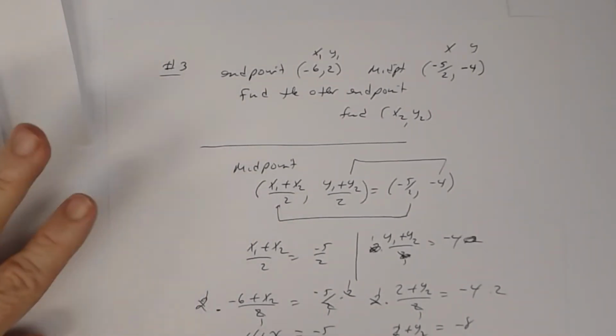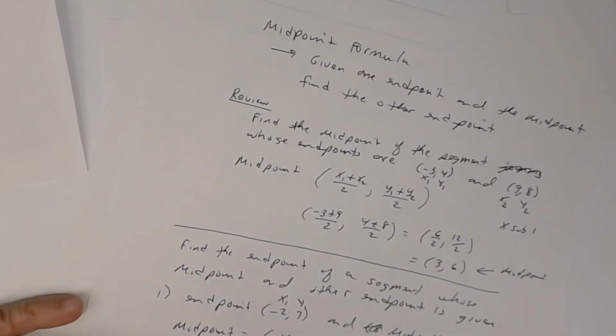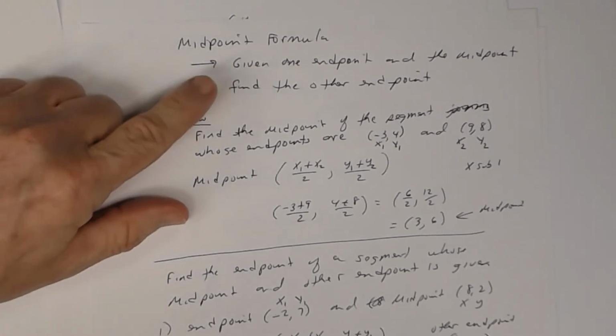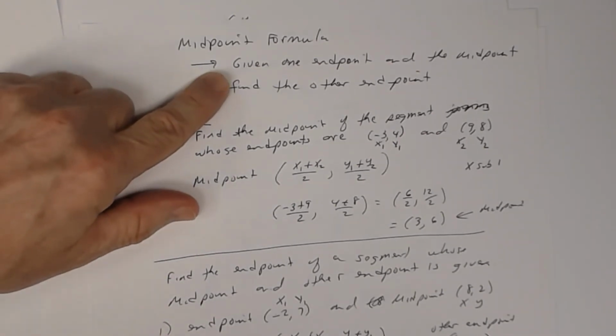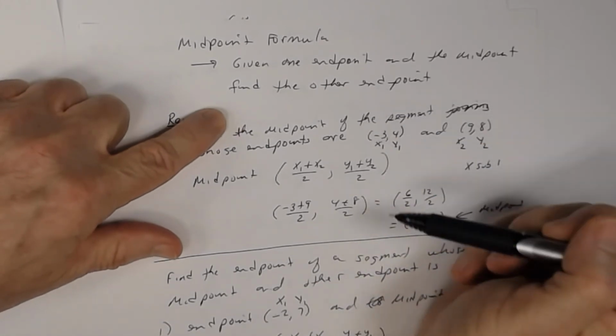It looks complicated, but it is not. All you're doing is using the midpoint formula, but in a different way. So that's going to take care of the lesson dealing with given one endpoint and given the midpoint, find the other endpoint. Okay?